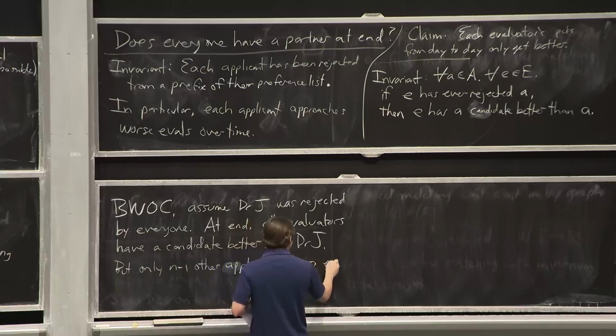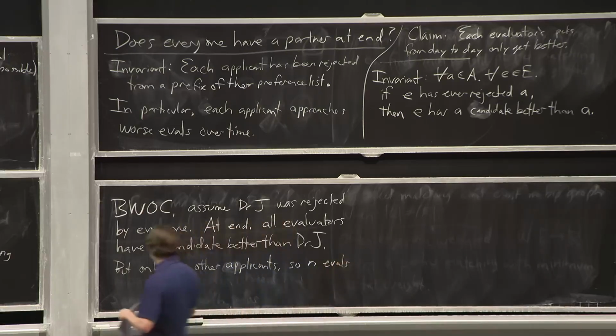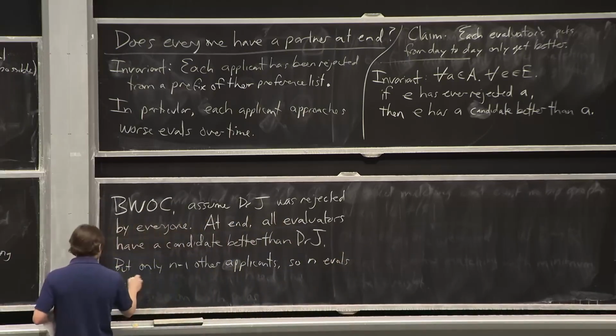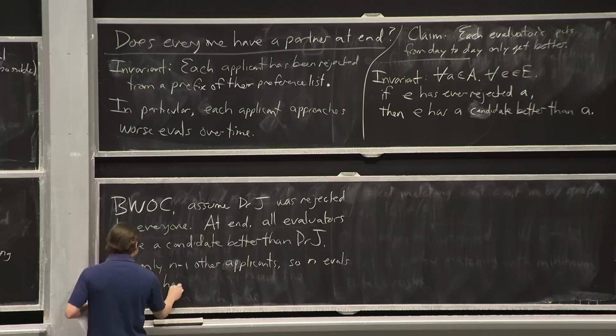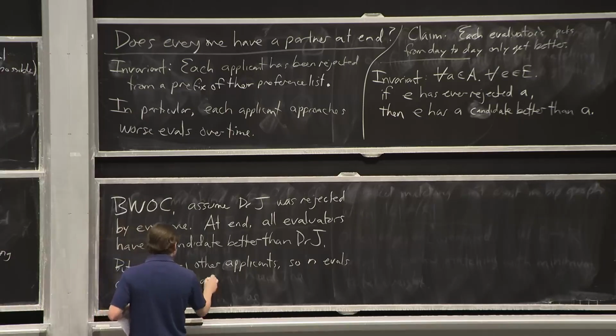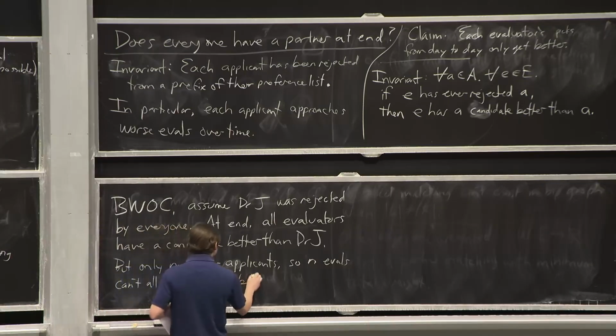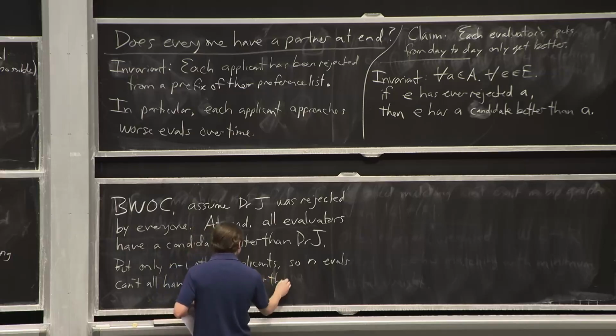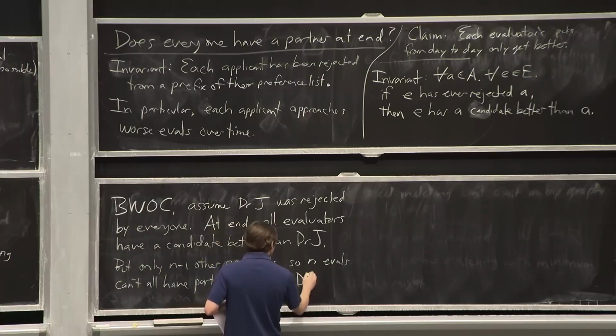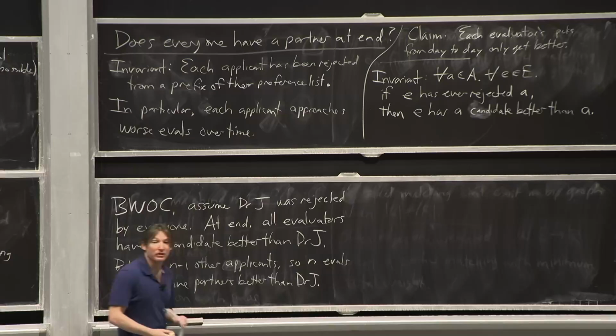So the n evaluators can't all have partners better than Dr. J. And there's our contradiction.